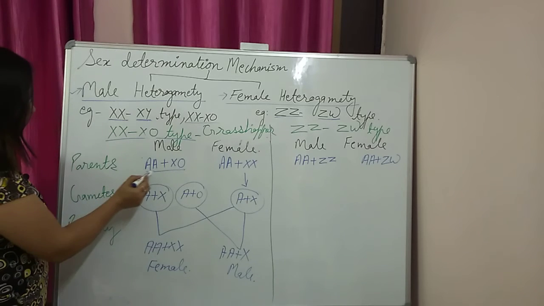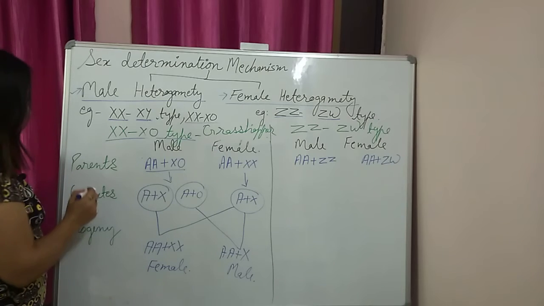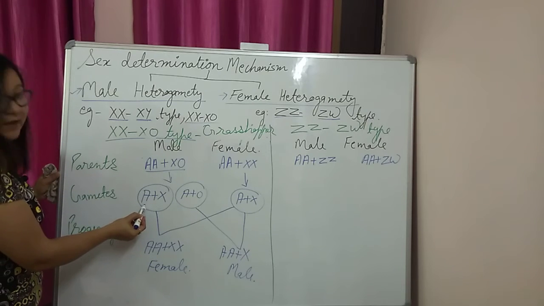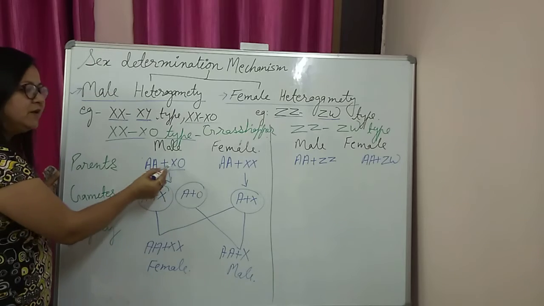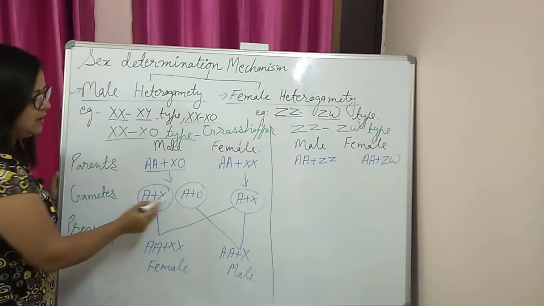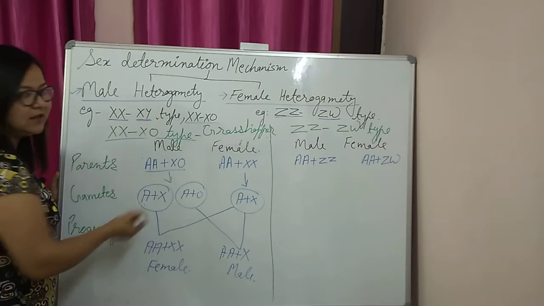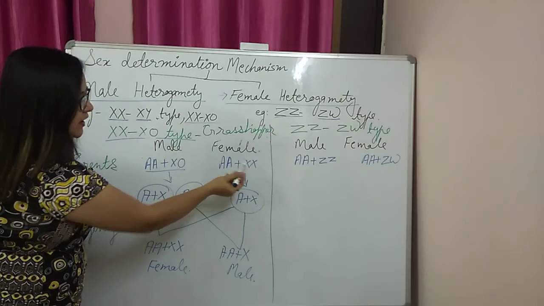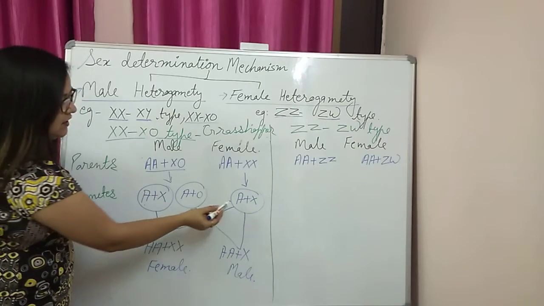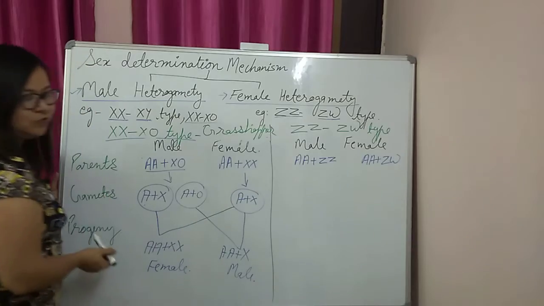It has only one sex chromosome, that is X. So at the time of gamete formation, half of the sperm will have the X chromosome and the other half will not have any sex chromosome, which we represent by the alphabet O. The female has two X chromosomes, so all the gametes will have the X chromosome.